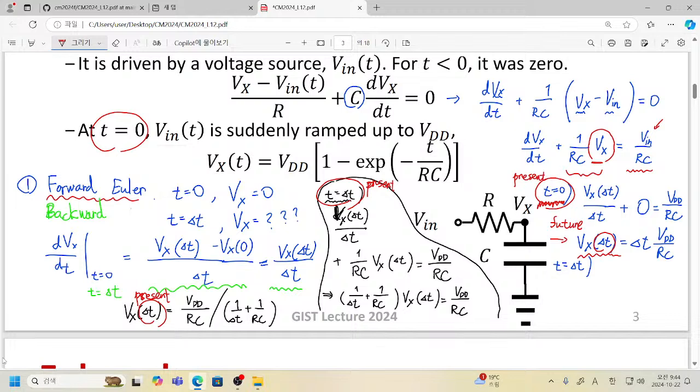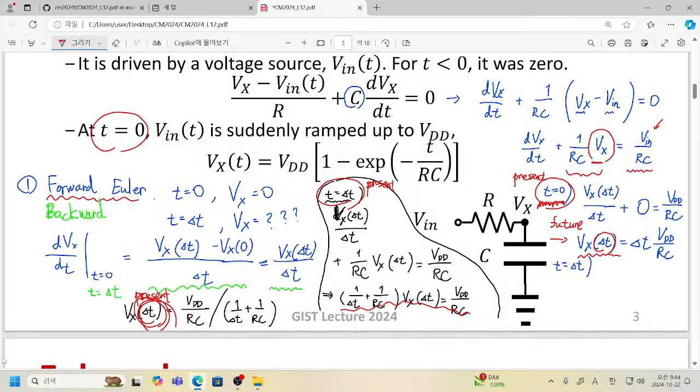However, in the case of our backward Euler method, in order to get the solution at t equal delta t, we must solve this equation and get the present value. So I don't think that all of you can understand this difference immediately, but please think about their differences again and again. This is quite important.